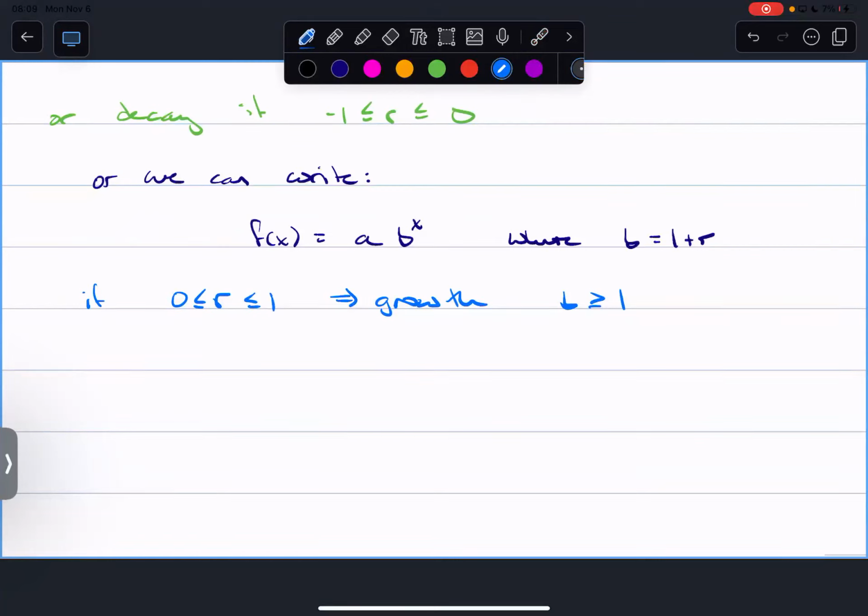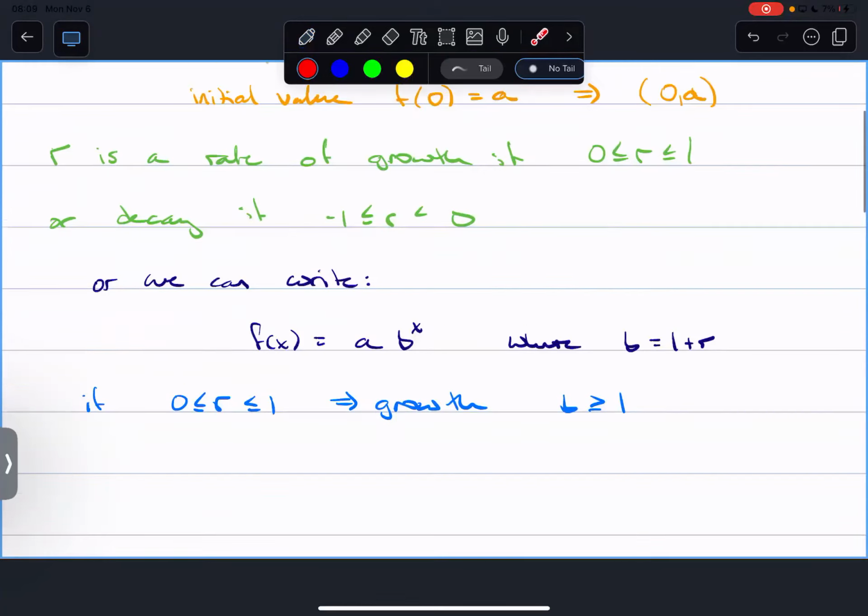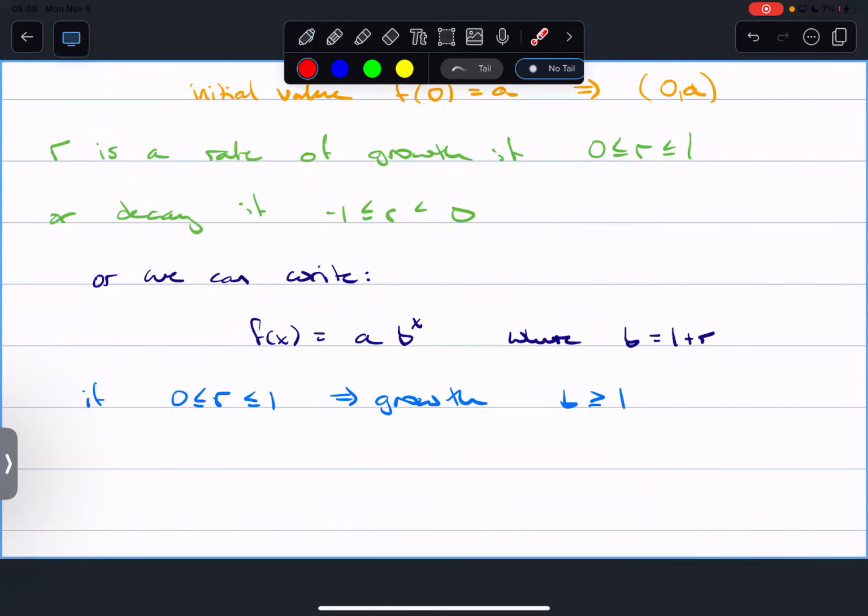Now on the flip side, if the rate is negative, I guess it can't include 0 on both of these. Fine, I'll cut it from one of the sides. It doesn't matter. If it's a rate of change of 0, then nothing's happening.